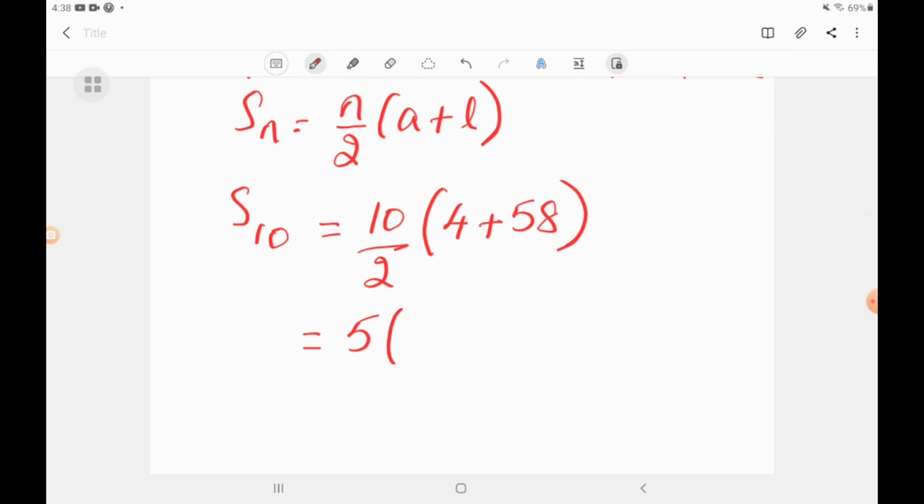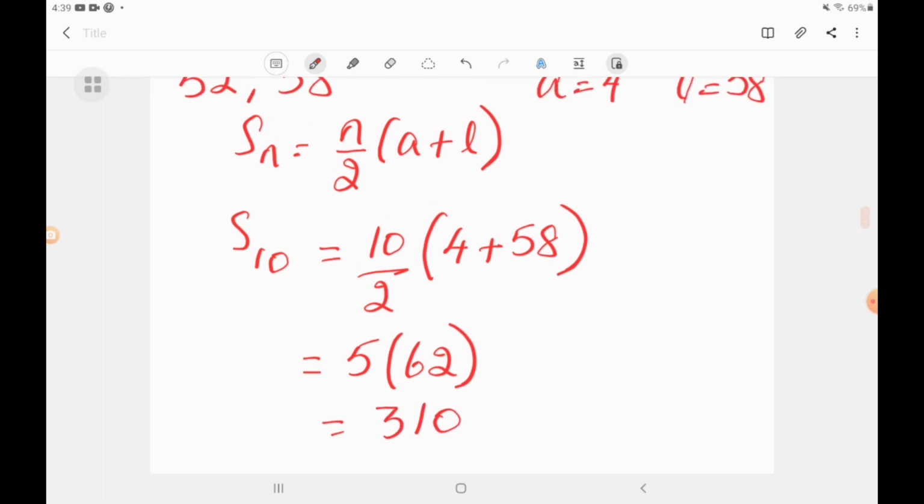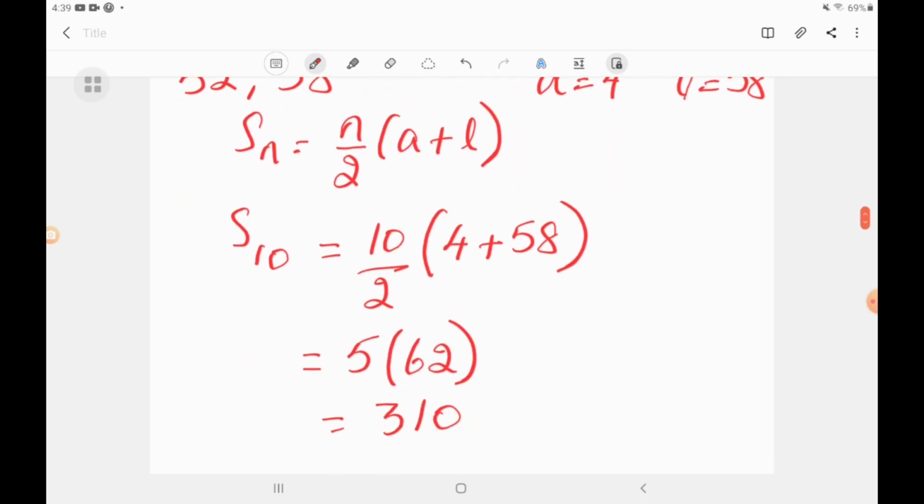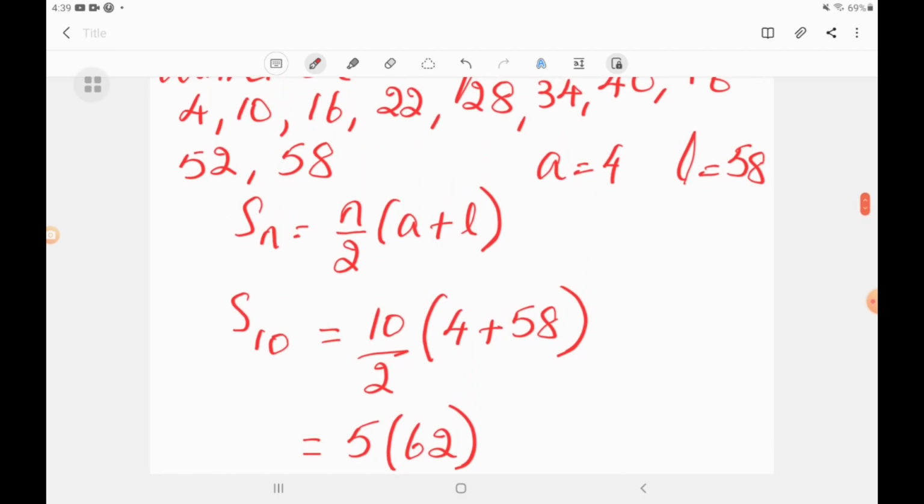So 5 times (4 plus 58), which is 62, and therefore we have 62 times 5, that gives 310. So when we add up all these 10 terms, we get 310. Since we know the last term, we can just use the simple formula.